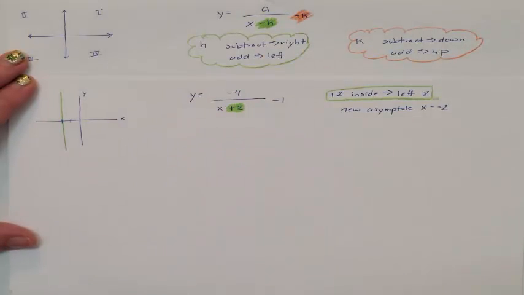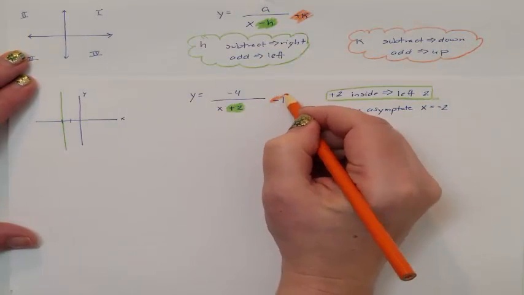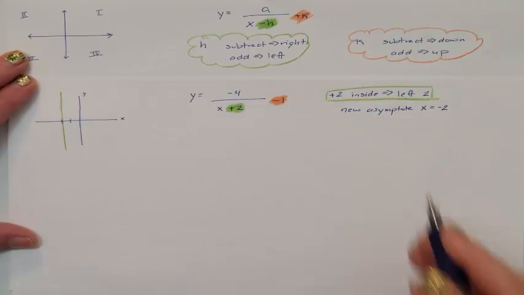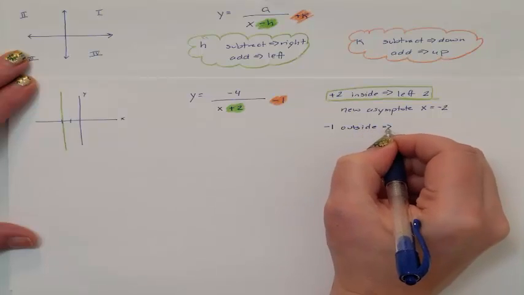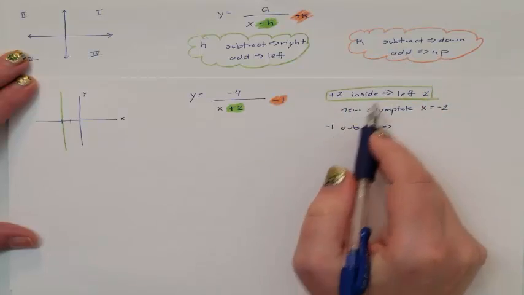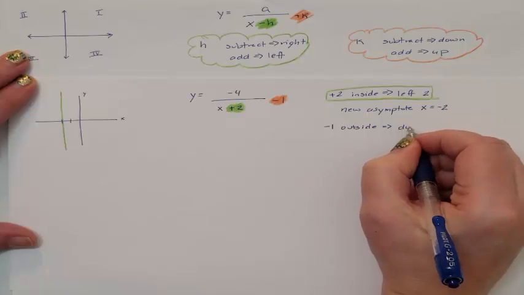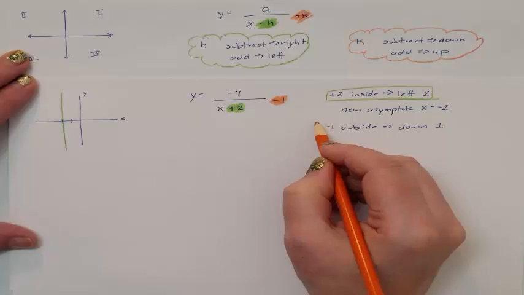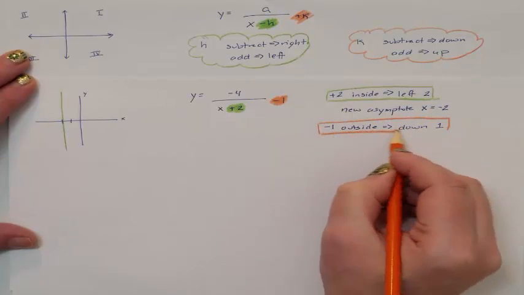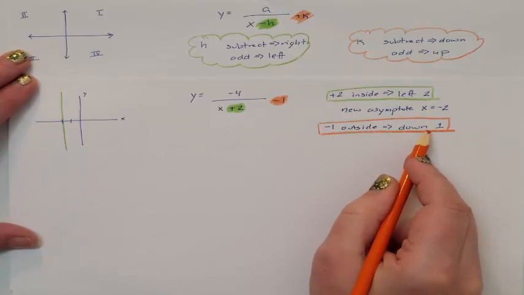The k is this -1, and this -1 was an outside move. According to my little key, a subtracted 1 on the outside told me to go down 1. That's all because of this -1 right here. If I'm going down 1, that means I have a new asymptote.